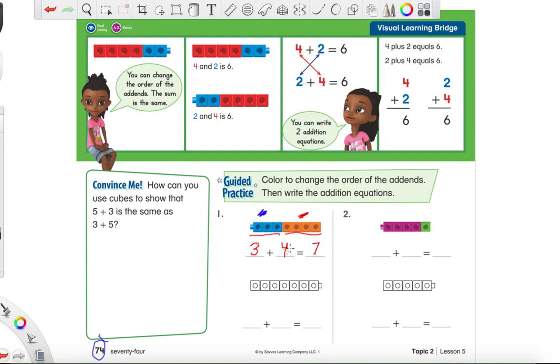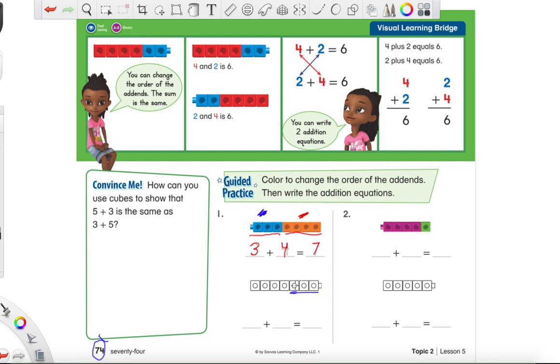Now what I want you to do is to color in these cubes down here in the flip-flopped way. So if they put blue first up here, it's going to be second down here. And what I'm going to do for you guys is I'm going to underline, so you get used to that. So there's those 3 blue, right?